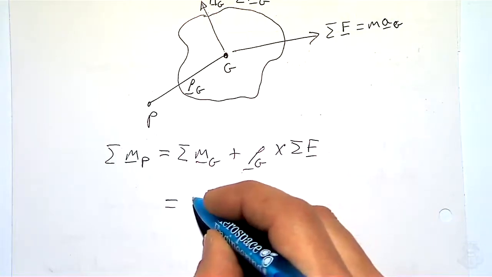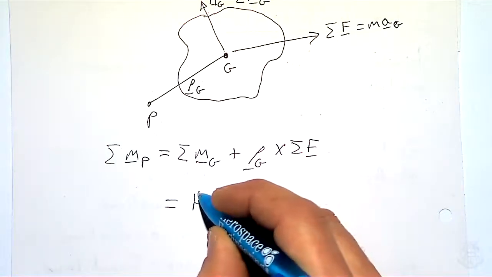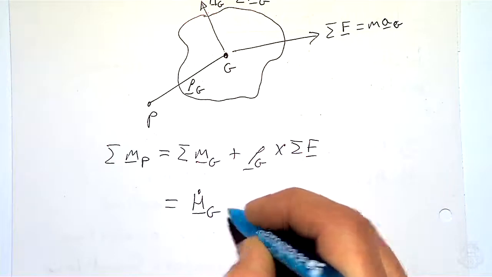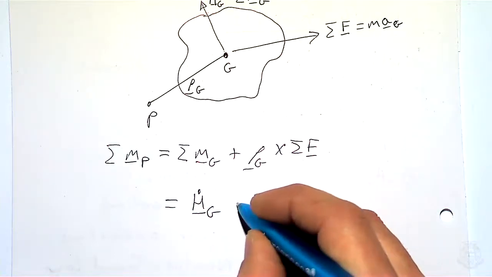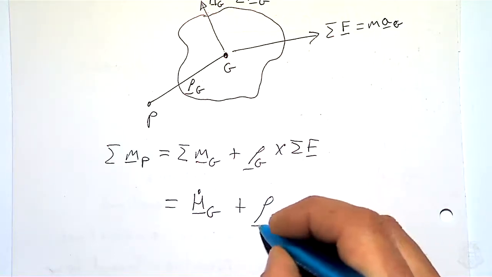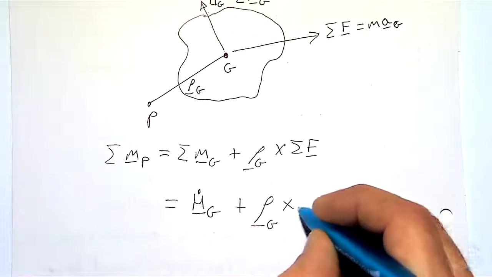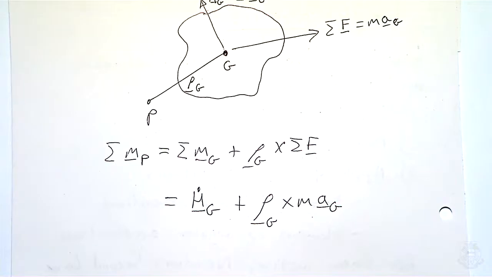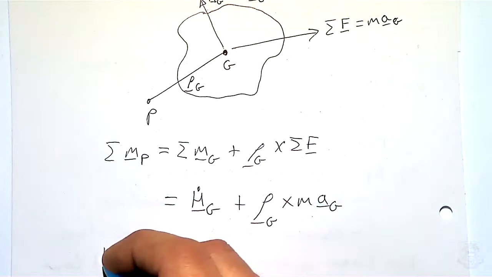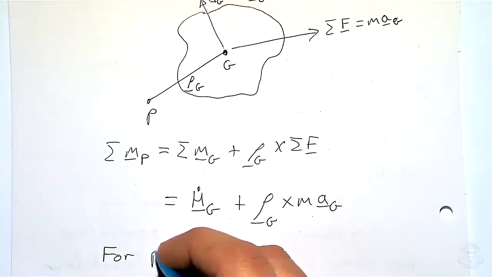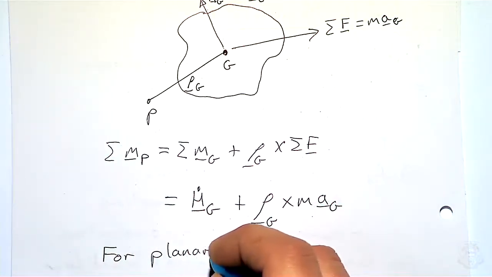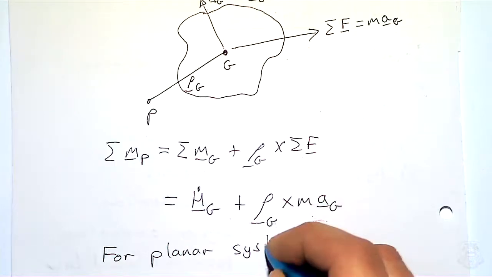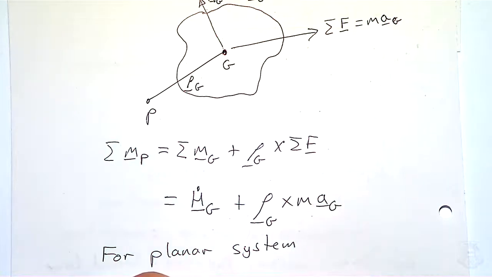Of course, we can write it in this slightly different way because we know the sum of Mg is equal to Hg dot plus rho g cross m ag. For a planar system, which is what we're typically considering, we can simplify it again slightly.